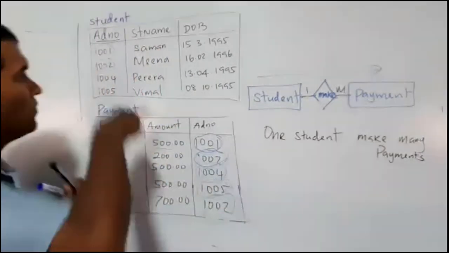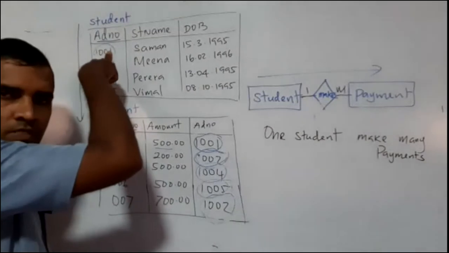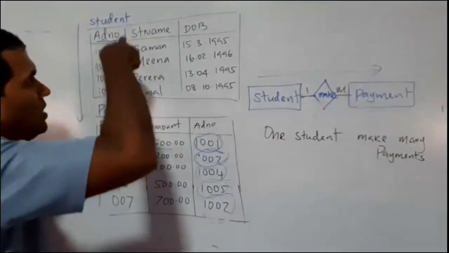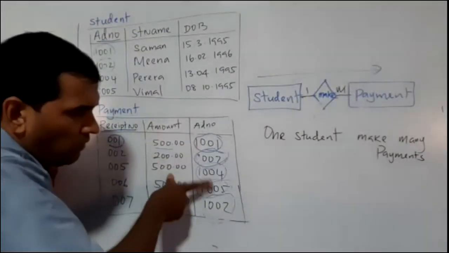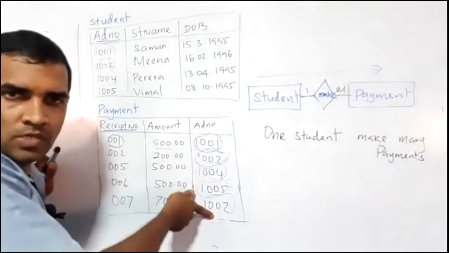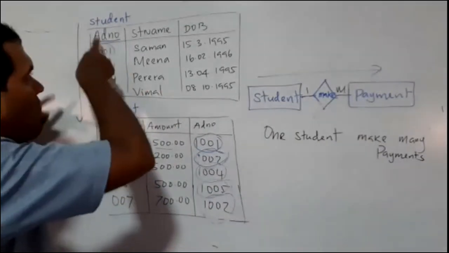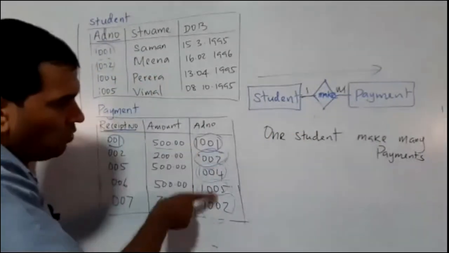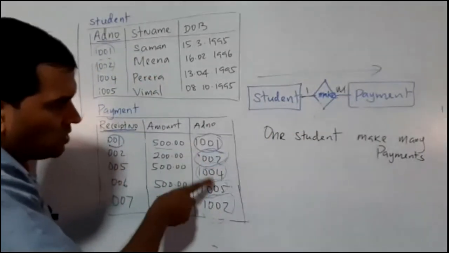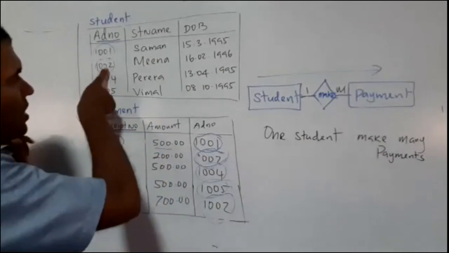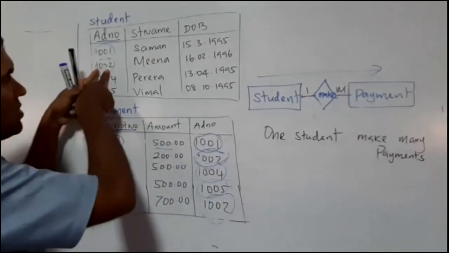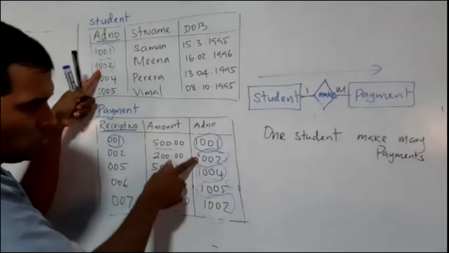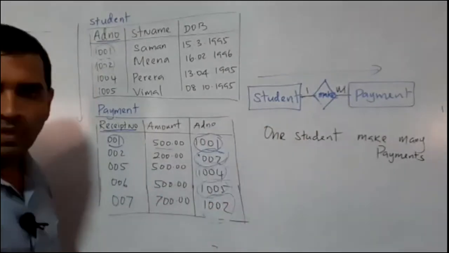That is the meaning of a data in the first table, or student table, having more than one data in the payment table. So 1001 is here in student table, which means one student having two similar, sorry, not 1001, 1002. 1002 there, one student, but 1002 entered twice, which means two payments.